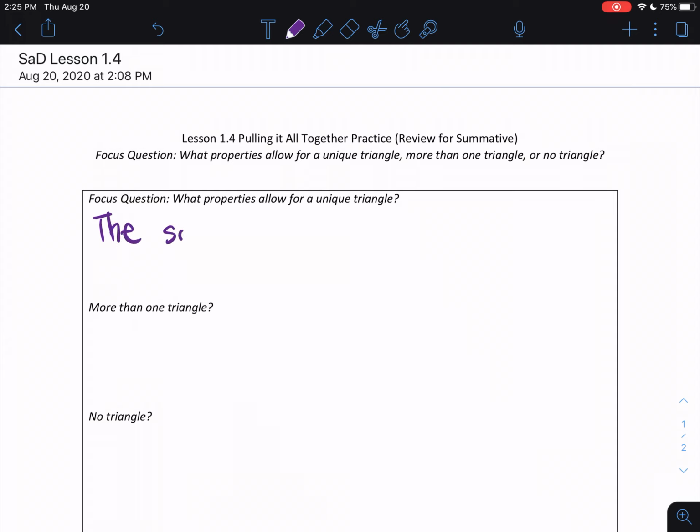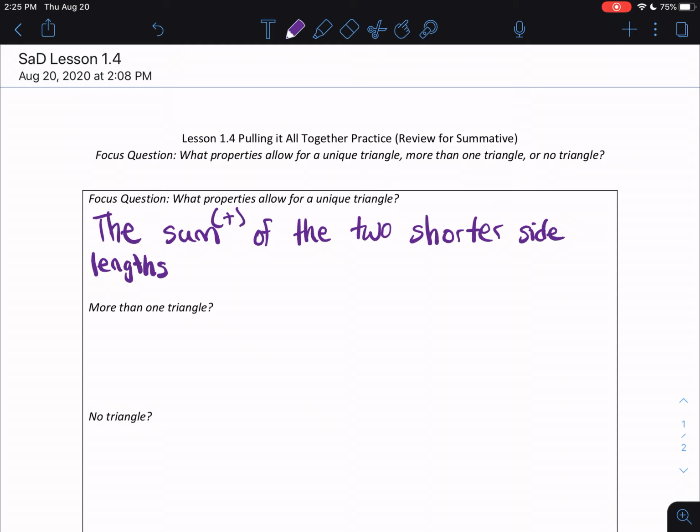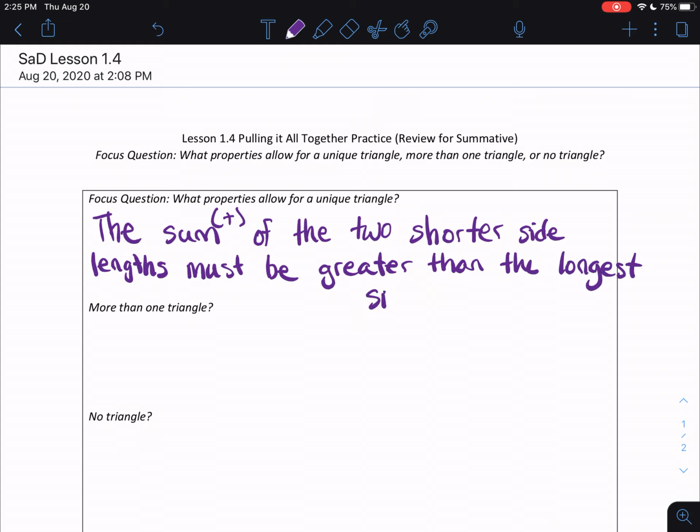the sum, so adding, it's an answer to an adding problem, of the two shorter side lengths must be greater than the longest side.